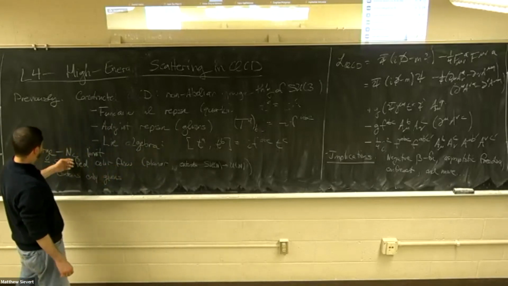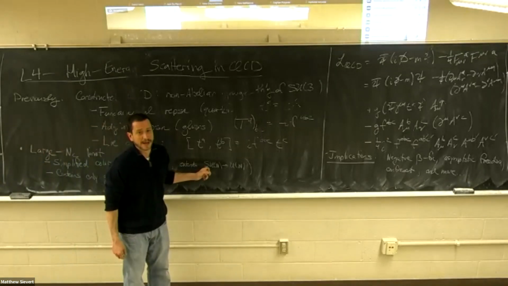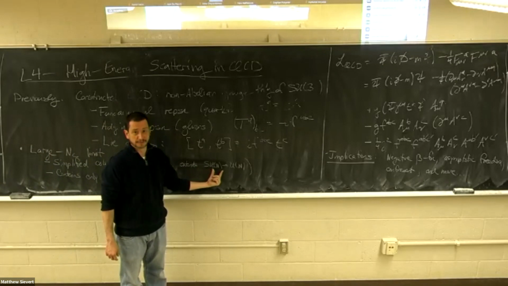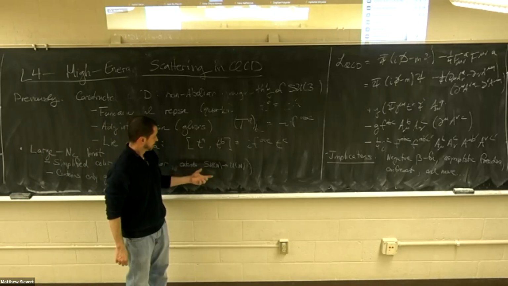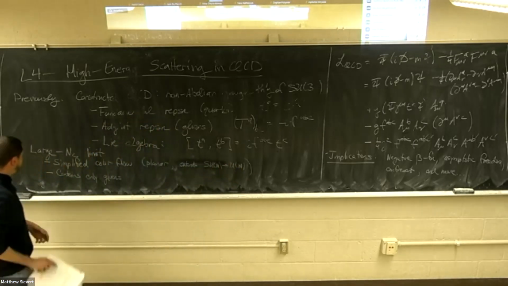And the effect of going to large N_C basically means that the S in SU(N) doesn't really matter at large N. This is one generator out of N_C squared minus 1 of them. So N_C squared minus 1 is practically as good as N_C squared.